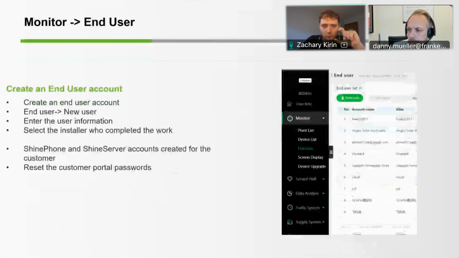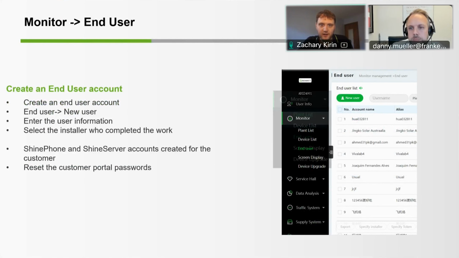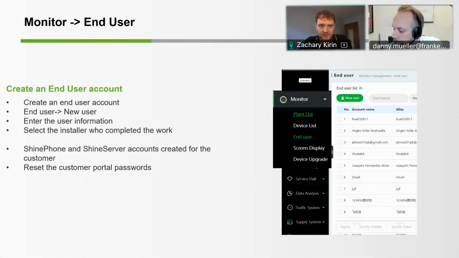Next, we're going to delve into the end user portion because this is something that I really do appreciate. We're able to create those end user accounts, as I said. We're going to start out in the monitoring section, end user, and then the new user tab will appear at the top of the screen. Once we click this, we'll be able to select an installer who completed the work.